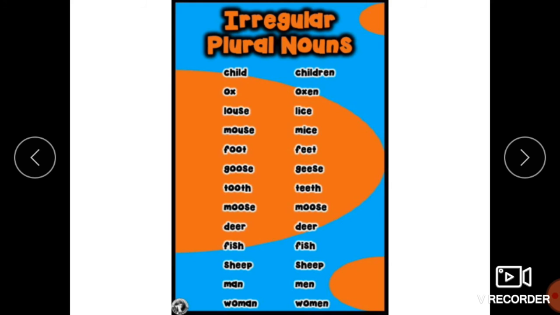We can say countries, cities, but we won't say Karachis or Hyderabads because they are proper nouns. Nothing is like Karachi, and there is no other Pakistan in the world. So proper nouns don't have any plural.